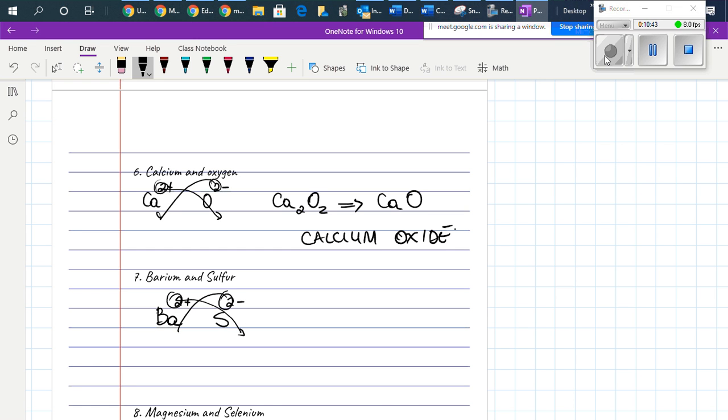Take those coefficients, make them Ba2S2. In the simplest form it will be BaS, and the name will be barium sulfide.